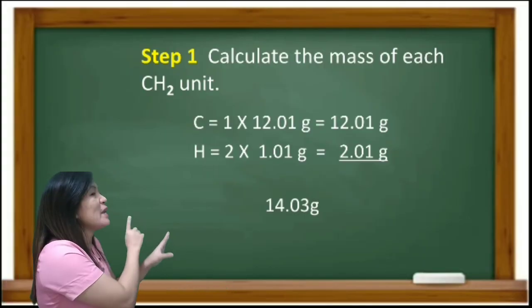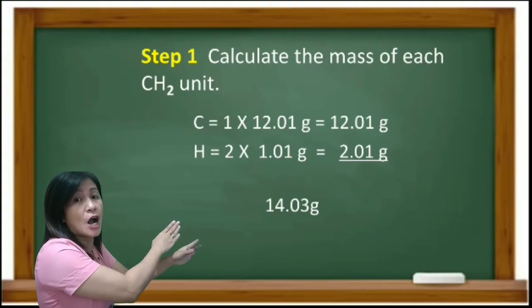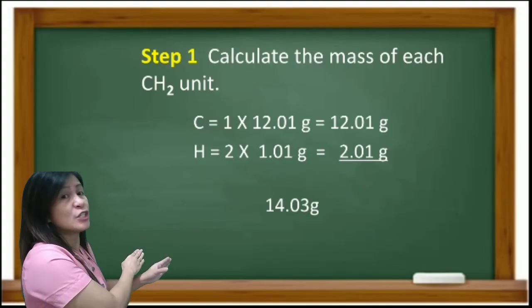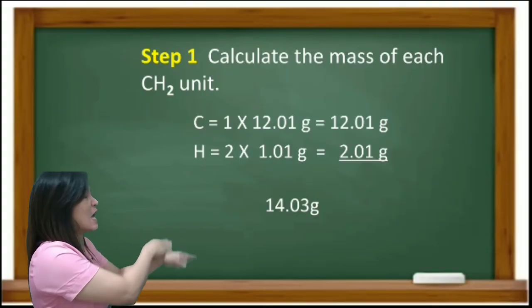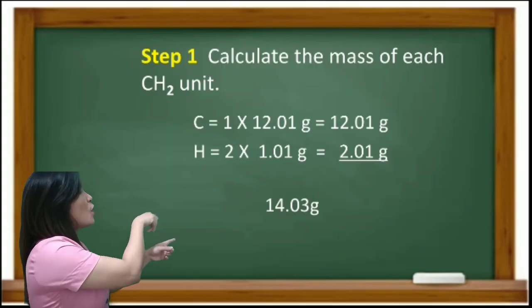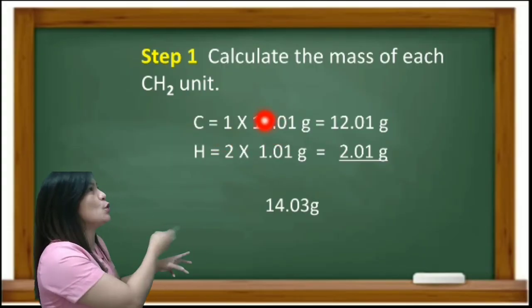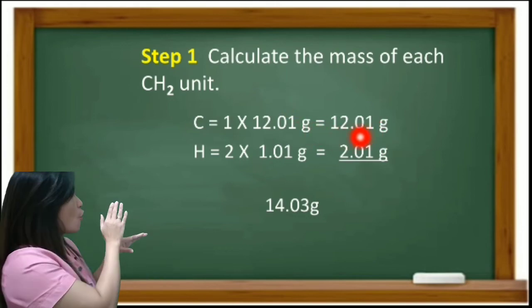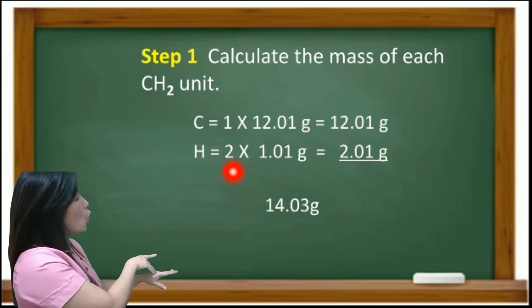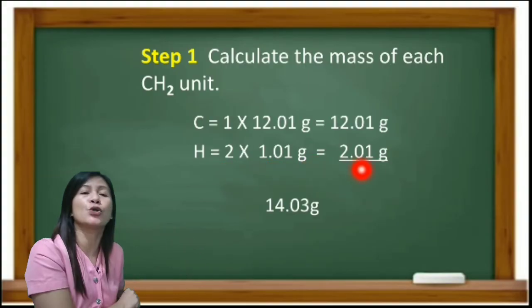So how many atoms of carbon times the atomic mass of that carbon? Hydrogen, how many hydrogen atoms times the atomic mass of that atom? So we have 1 carbon times the atomic mass from the periodic table, 12.01 grams, will give you 12.01 grams. For hydrogen, we have 2 atoms times 1.01 grams equals 2.02 grams.